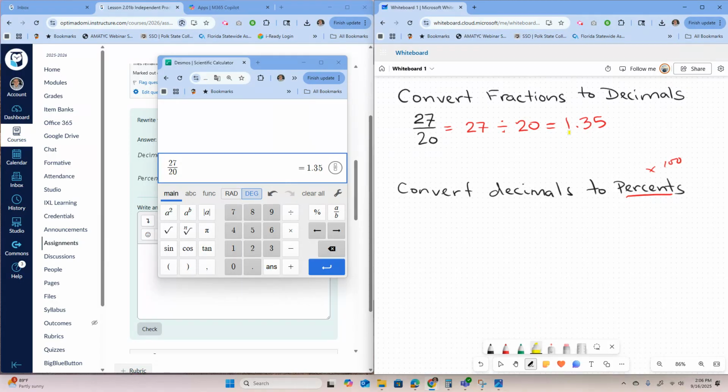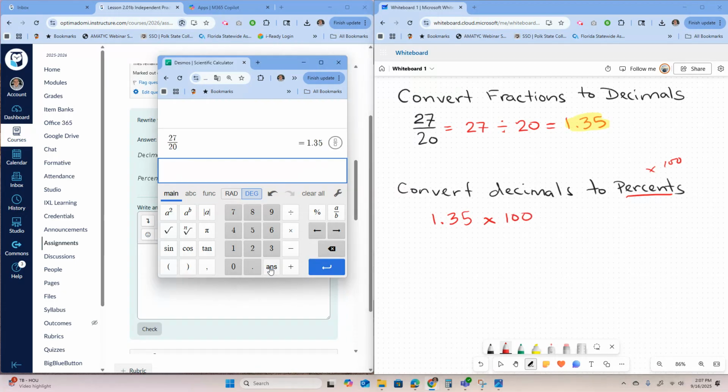Now they want me to take the same fraction, 27 over 20, but I'm going to use the decimal answer. I'm going to take the 1.35, and the problem wants me to make it a percent. And how do you make it a percent? Percent means times 100 when you're working with decimals. So you're going to multiply by 100. Again, do it in the calculator.